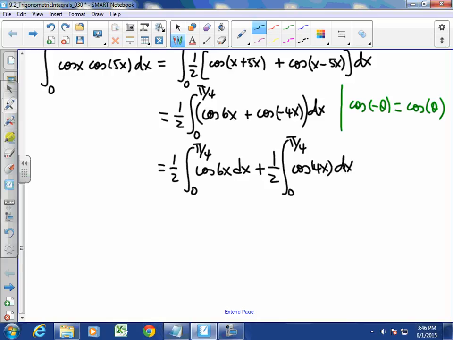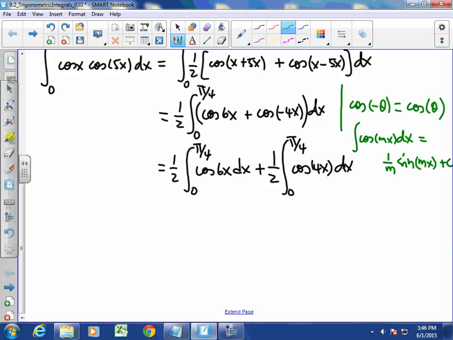Okay, and you also learned that the integral of cosine of mx dx is always 1 over m sine of mx plus a constant, assuming that m is not 0. In fact, if m is 0, we don't even need to talk about it because cosine of 0 is always 1.